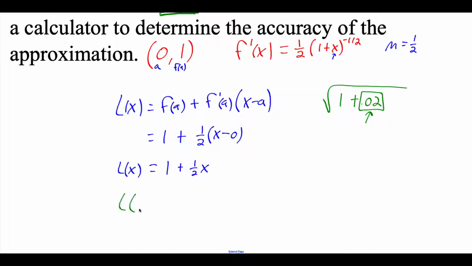So we're going to take 1 plus 1/2 times 0.02. Well, half of 0.02 is 0.01, so we can add those together and get 1.01. So that's our approximation for the square root of 1.02 using our linearization.